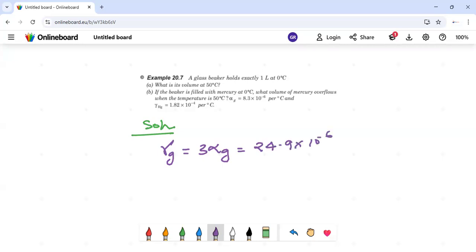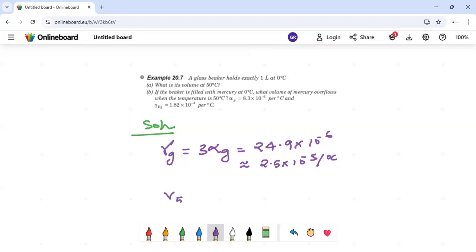Is the second answer correct? Wait, beta. Yeah, correct. So approximately you can take it as 2.5 into 10 to the power minus 5 per degree Celsius. This much round off you can do. Now, because for volume we can't use alpha, we have to use gamma, and this is the relation we know.